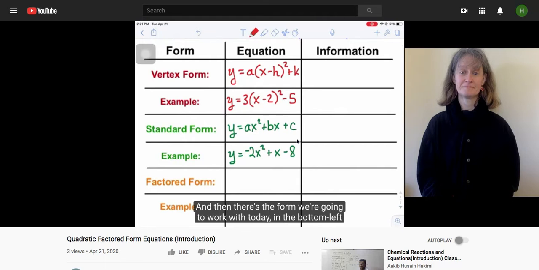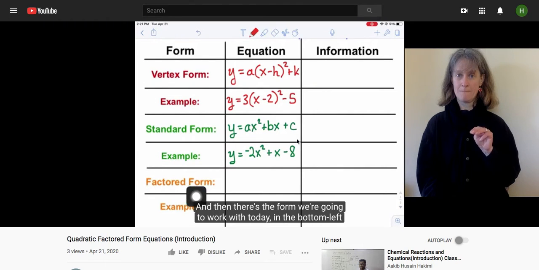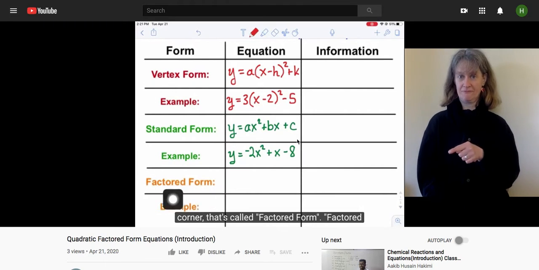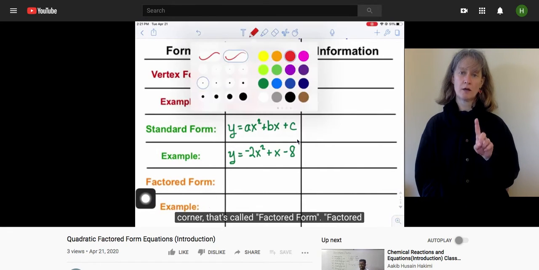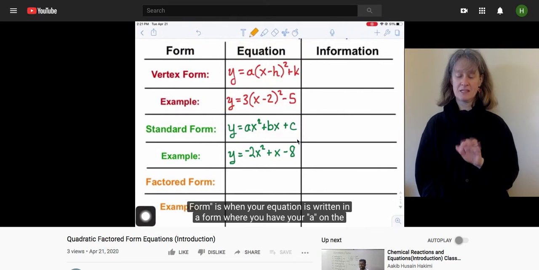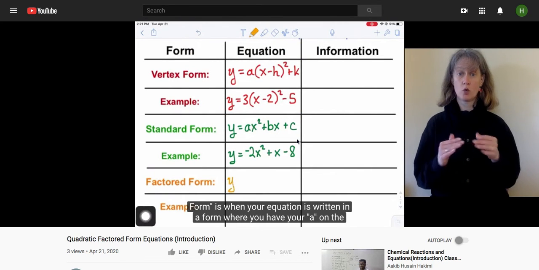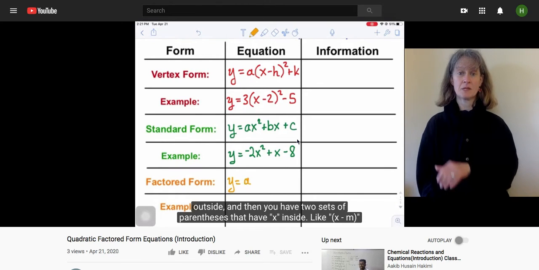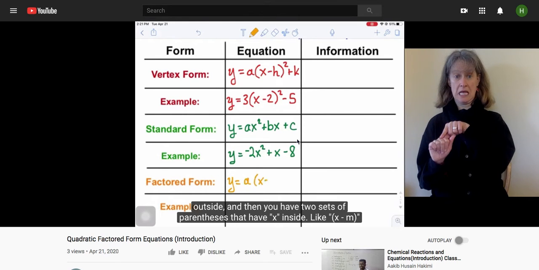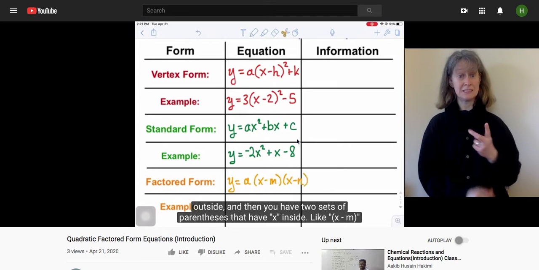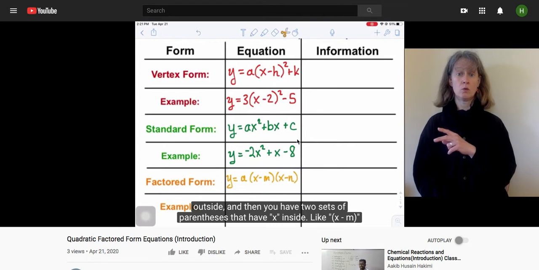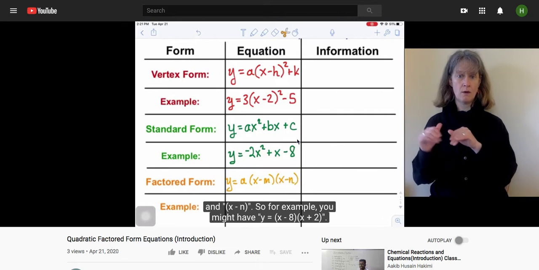And then there's the form we're going to work with today in the bottom left corner that's called factored form. Factored form is when your equation is written in a form where you have your a on the outside, and then you have 2 sets of parentheses that have x inside, like x minus m and x minus n.